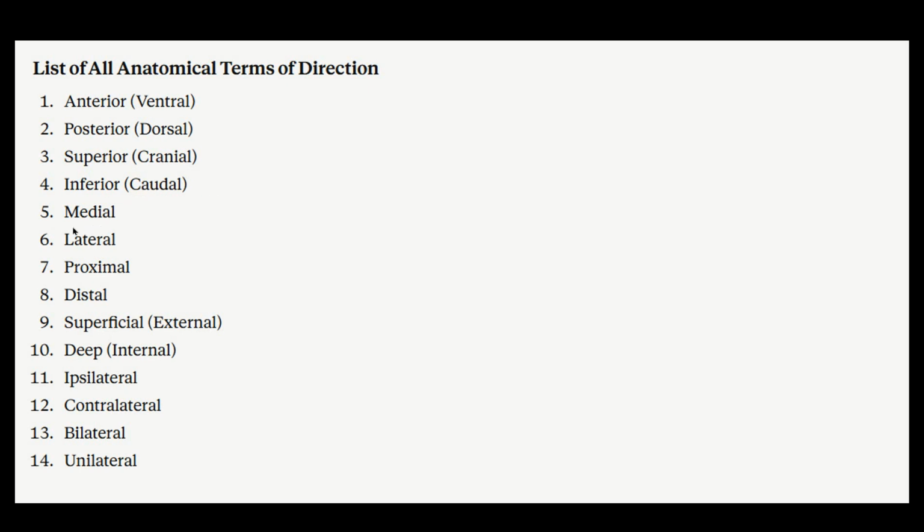Then we have medial, lateral, proximal, distal, superficial, that is external, deep, that is internal, ipsilateral, contralateral, bilateral, and unilateral. So these are all the anatomical terms that are used to explain the directions of anatomical structures.